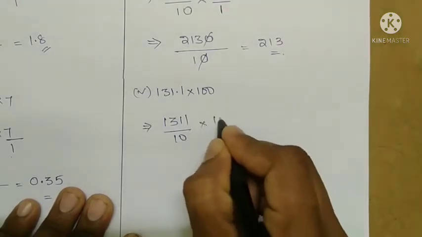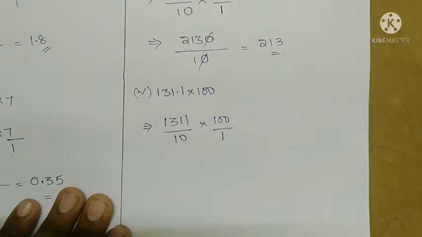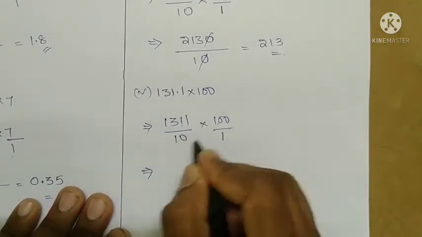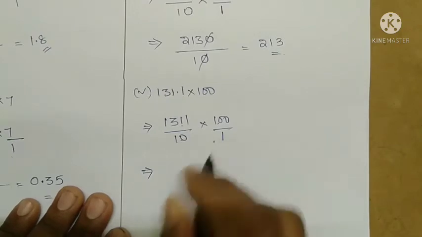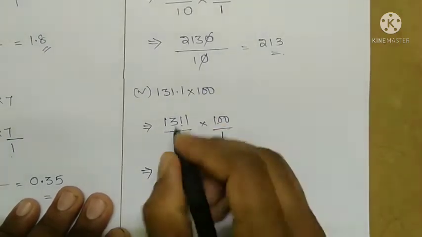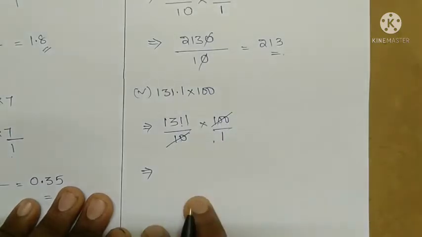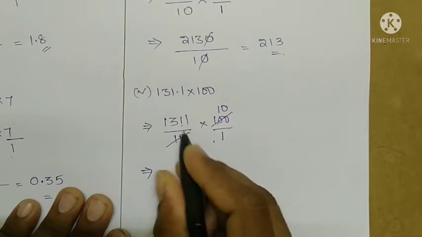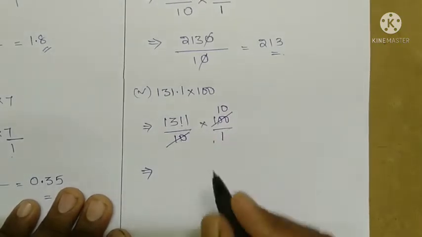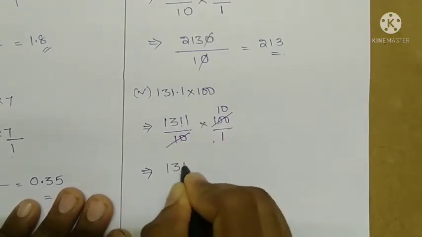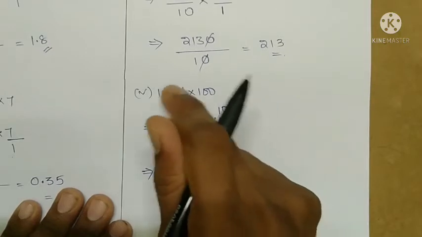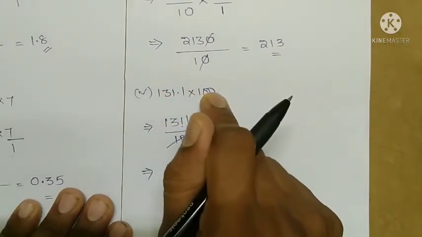So, into 100 by 1. In this fractions multiplication, we have to multiply numerator with numerator and denominator with denominator. So, 10 how many times divides 100? 10 times, right? So finally we can get 1311 into 10 means 13,110 is your final result.